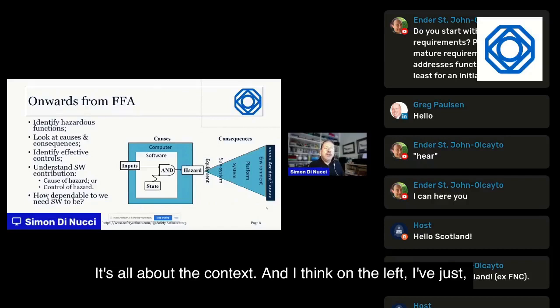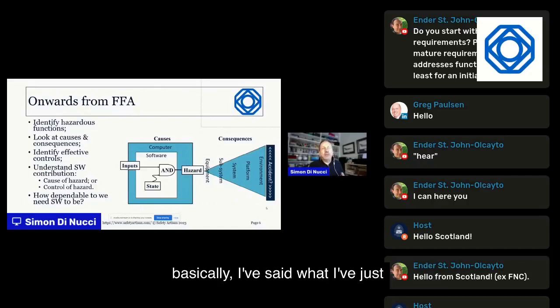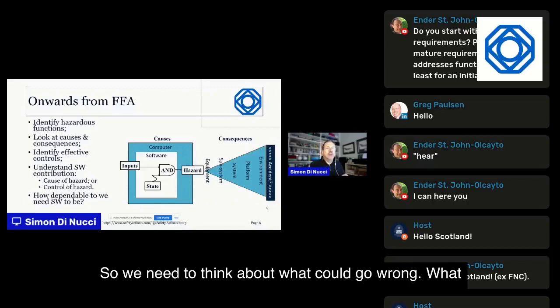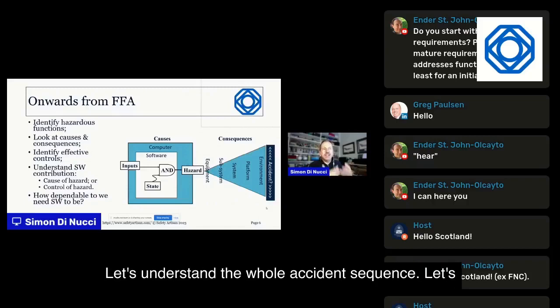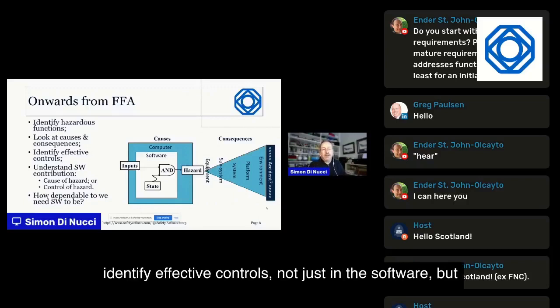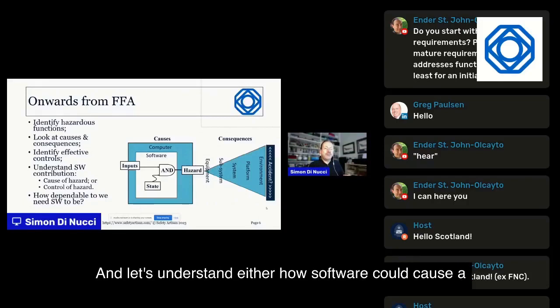And on the left, I've said what I've just said, but in a few bullet points. We need to think about what could go wrong. What are the causes and consequences? Let's understand the whole accident sequence. Let's identify effective controls, not just in the software, but right through the sequence.